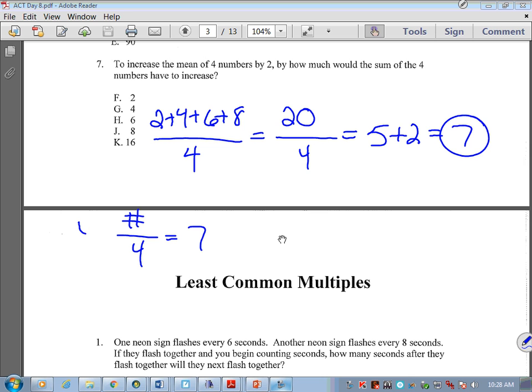I would multiply by 4, so I'm getting a number equal to 28. That new number on top needs to add up to 28. The number on top originally equaled 20. Now that equals 28. How much did I increase that set of numbers by? I increased it by 8.